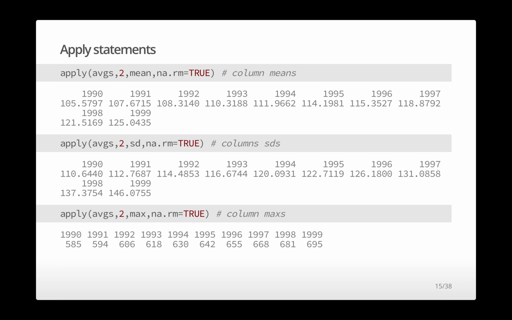Then you pass in other arguments to this function, na.rm, just make sure you remove that. And it gives us the column means. If we wanted column standard deviations, same thing, just change out the function to sd. If you wanted the max, same thing, just change out the function.